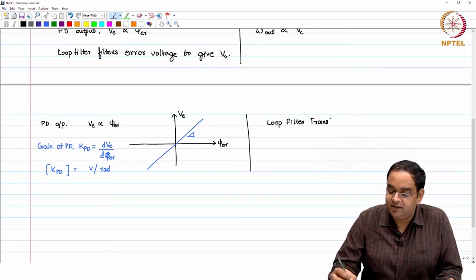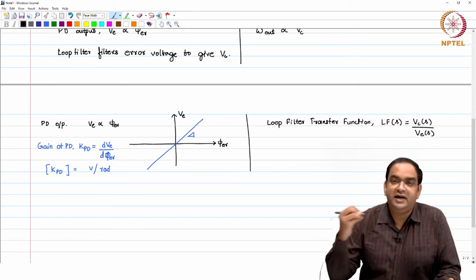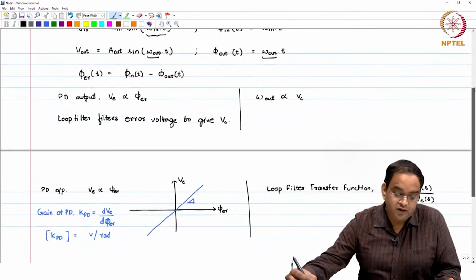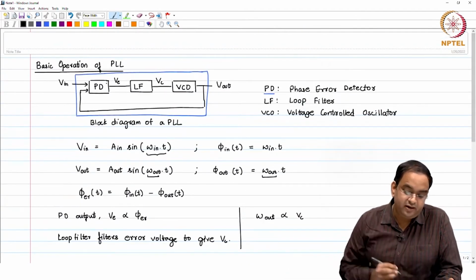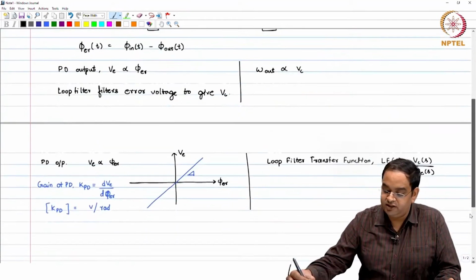I can write the loop filter transfer function LF of S as Vc of S by V error of S. Here S signifies the Laplace transform. So, whatever voltage you get at the input of the loop filter, you filter and you get the control voltage.